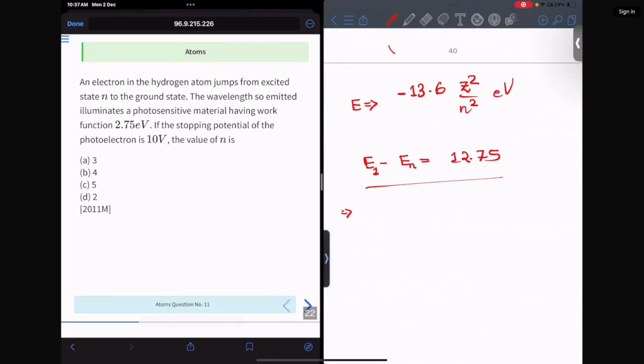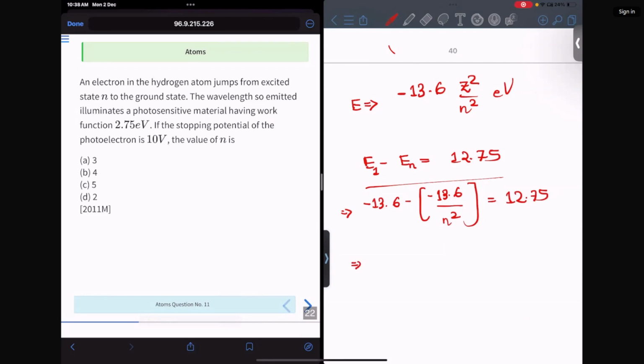So now the value of E1 is minus 13.6, minus the value of En, which is minus 13.6 divided by N square, is equal to 12.75.